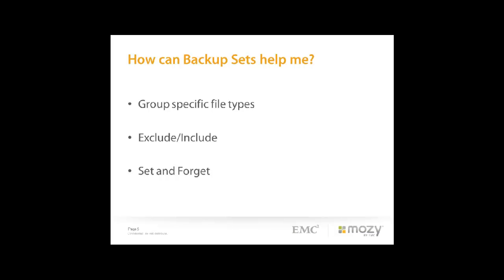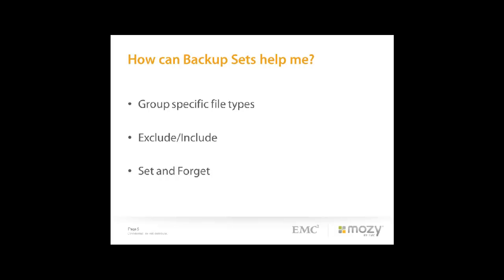Mozy works off the Windows logic for creating a backup set rule. So basically a backup set is just a container. The container takes the rules that you create around it as to what's going to go into the backup set. So for all intents and purposes the backup set is just a box, and the rules that you specify for that backup set are what's included.